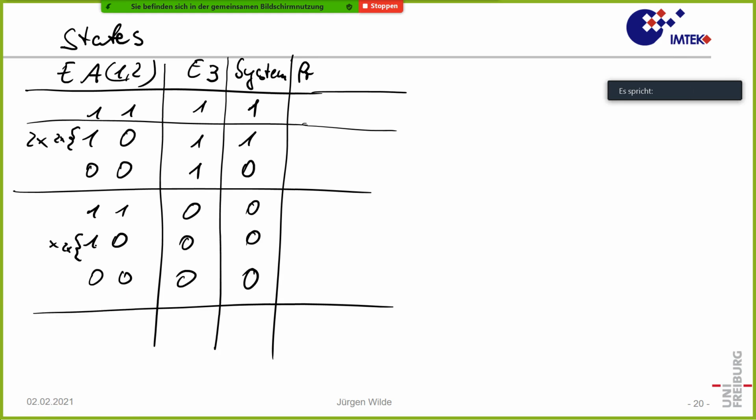Now, can you give probabilities? So here we say state 1, 2, 3, 4, 5, 6. What is the probability of that state?